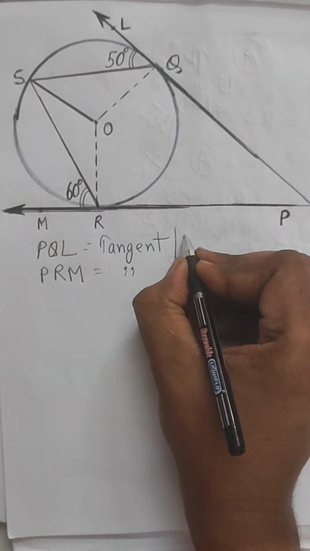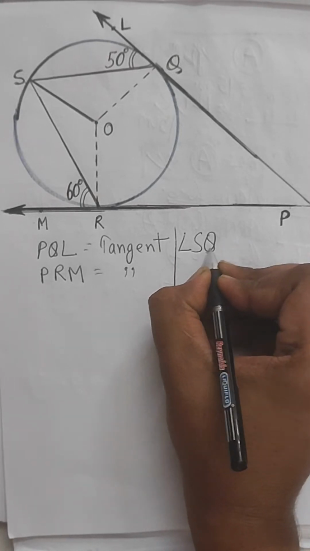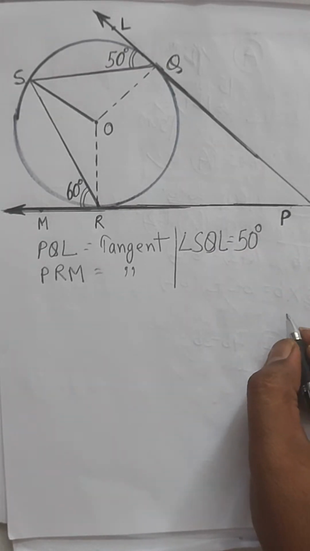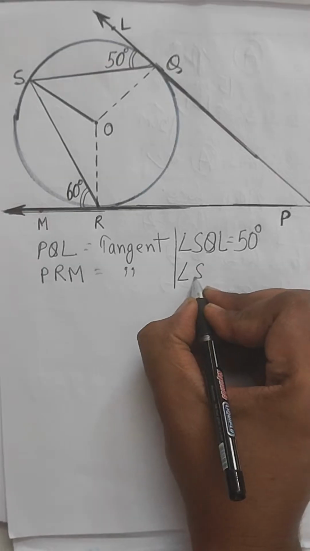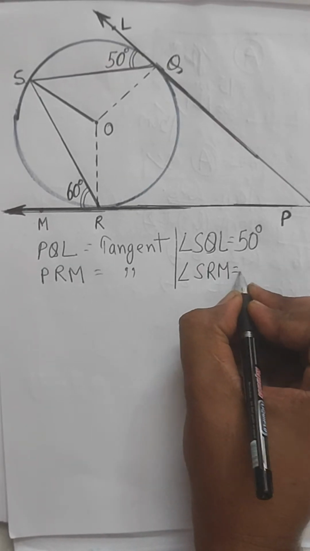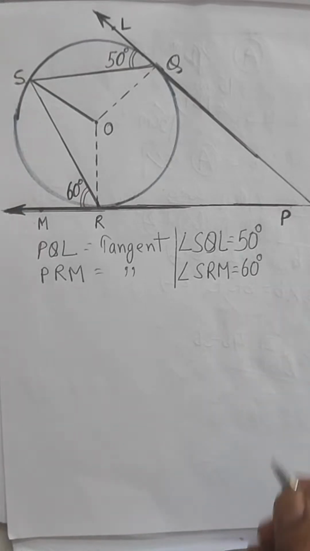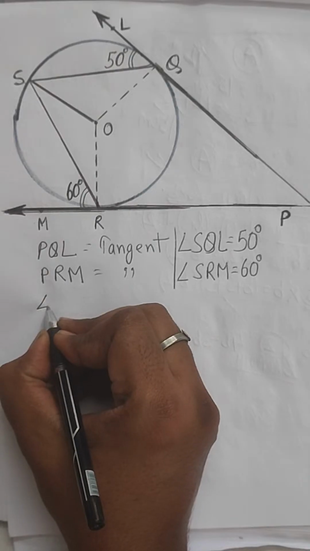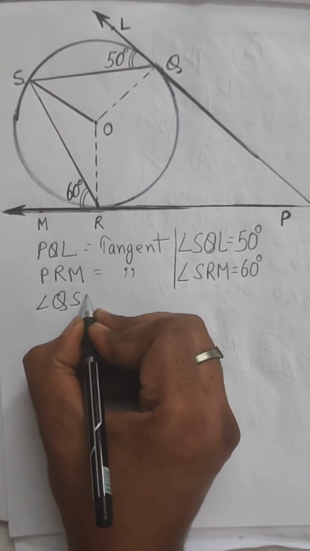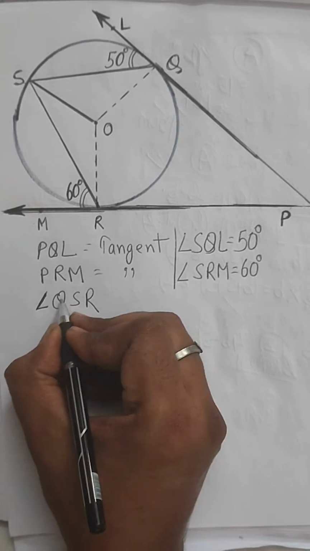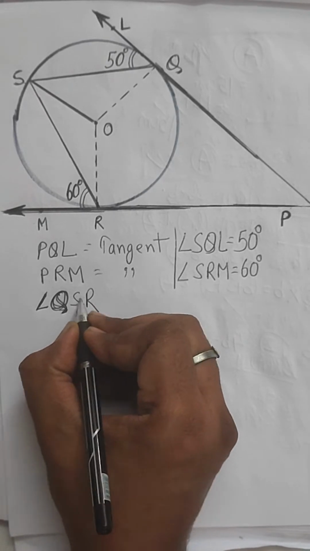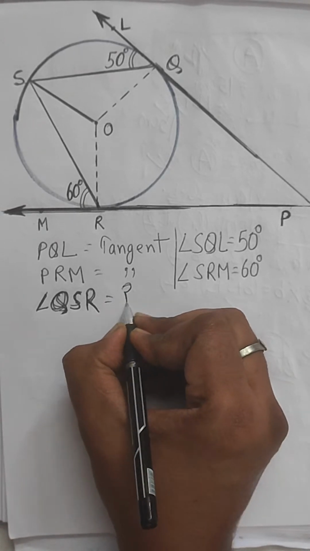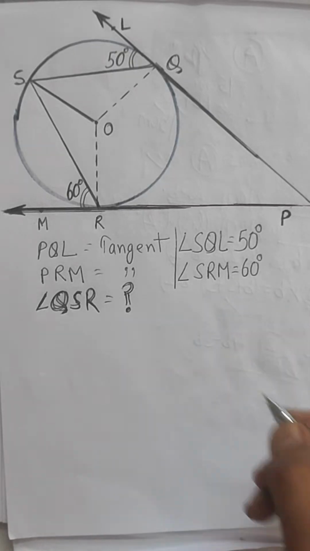Other data: angle SQL is given to you as 50 degree, and angle SRM is given to you as 60 degree. Now we need to find the value of angle QSR. What is the value of this, that we need to calculate.